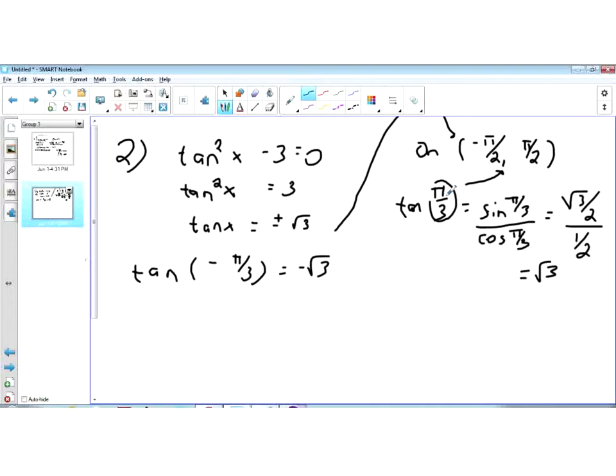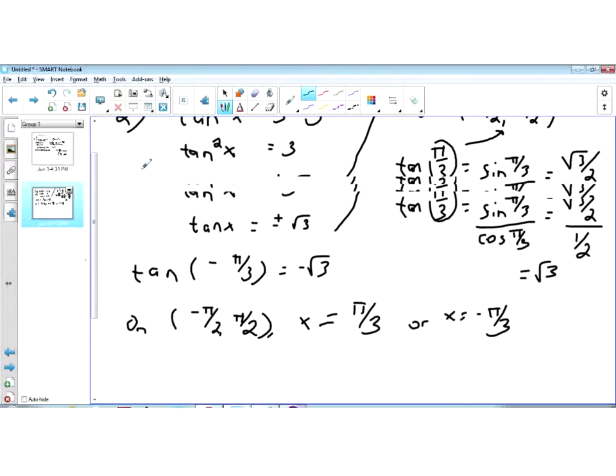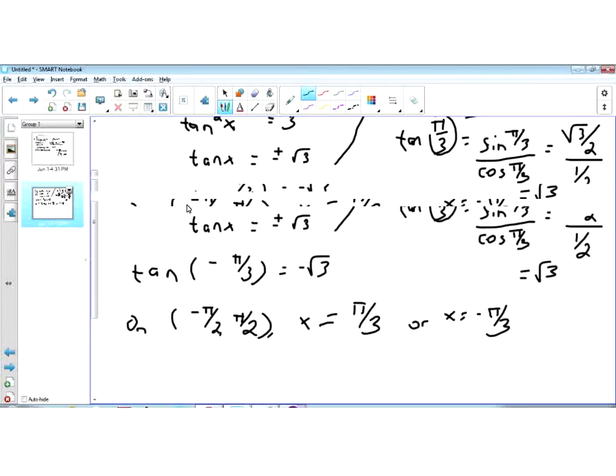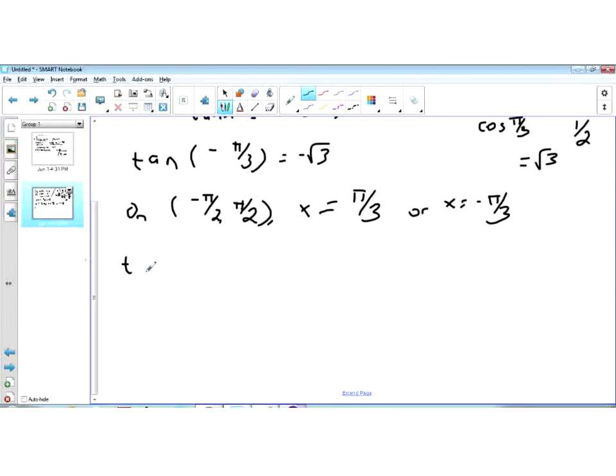So on the interval negative pi over 2 to pi over 2, the solution would be x is equal to pi thirds, or x is equal to negative pi thirds.